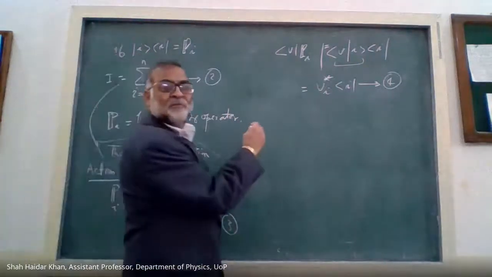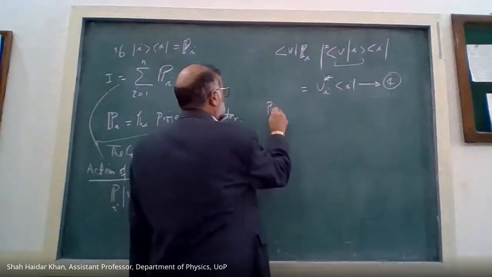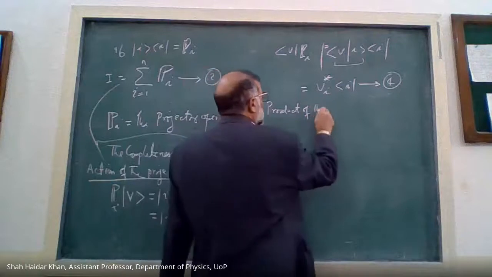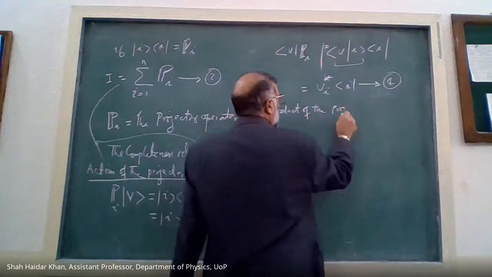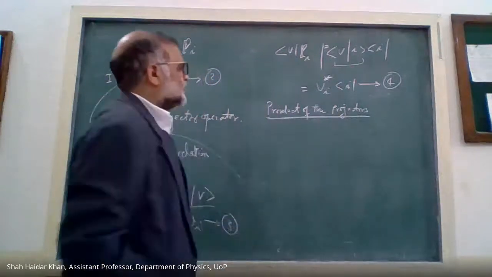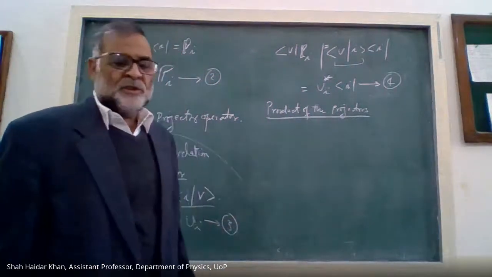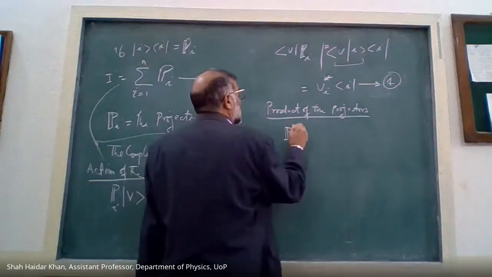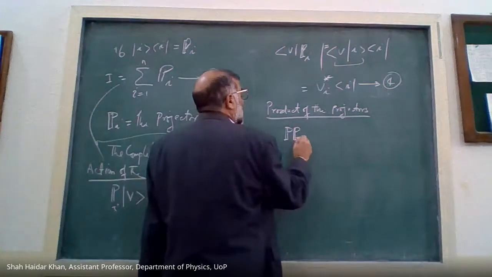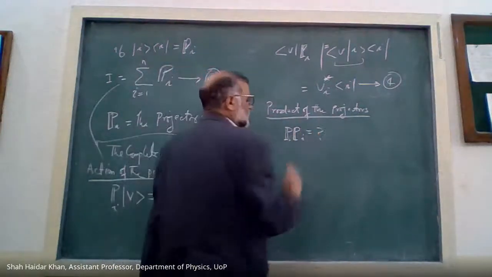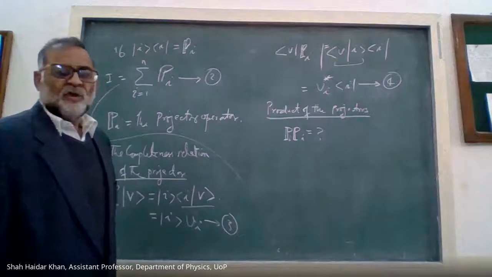Okay, what is now the product of the projector operators? Suppose we have P_i times P_i.